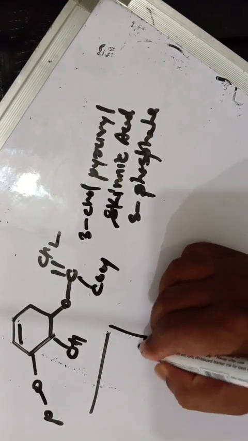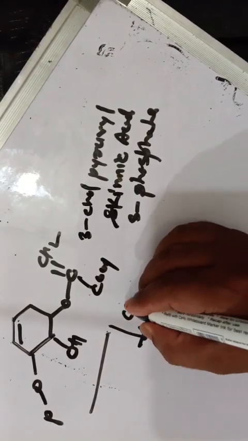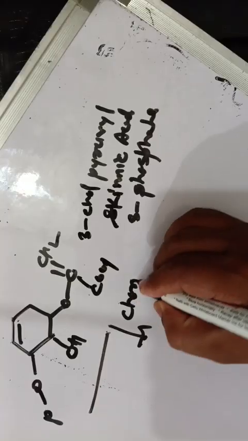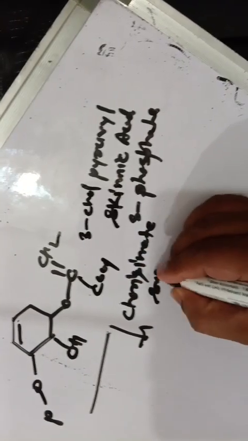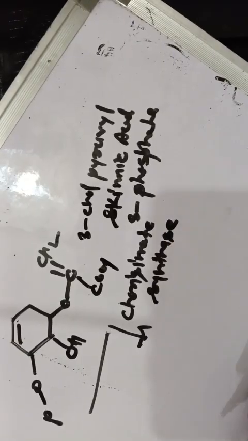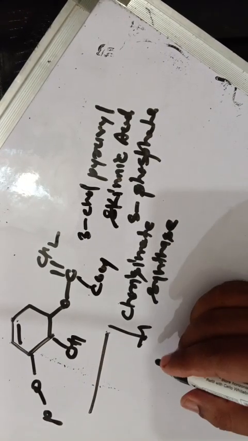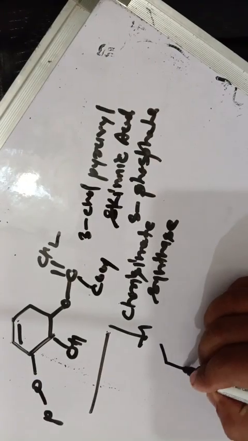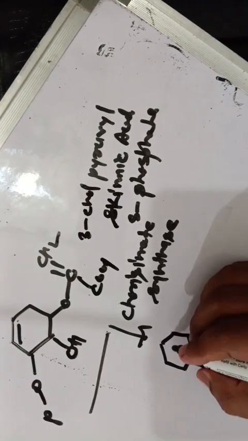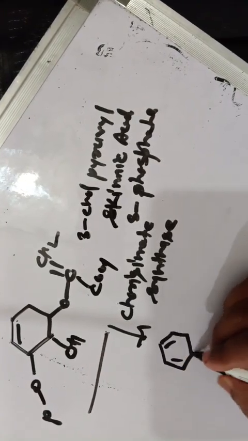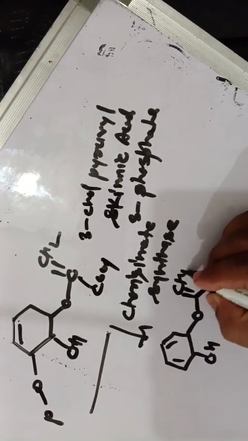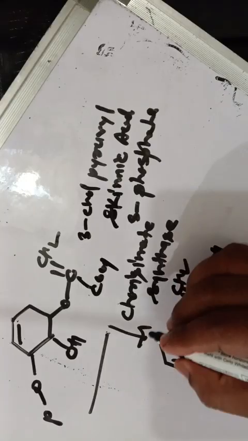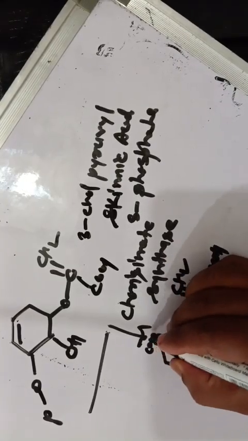On this compound we used one enzyme, that is chorismate synthase. When we used this enzyme, we got chorismic acid, and this is the structure of chorismic acid: OH, O, double bond CH2, COOH.